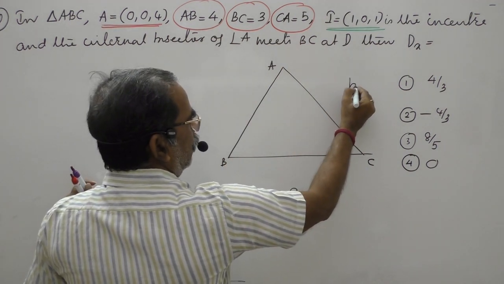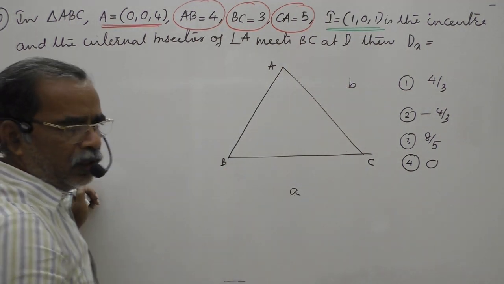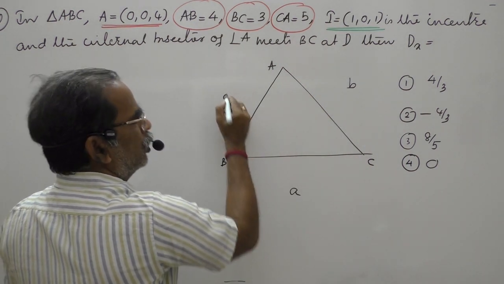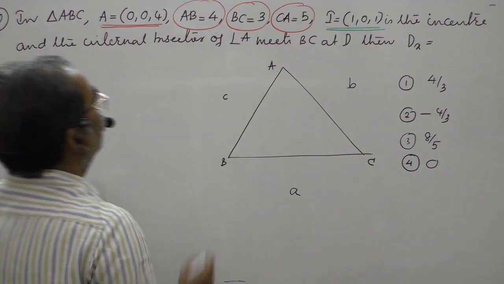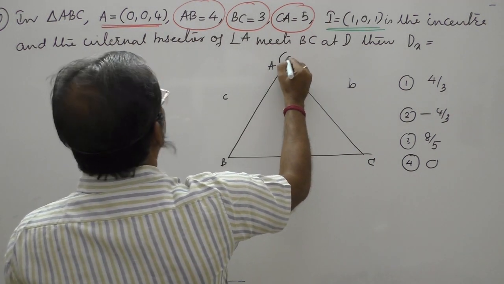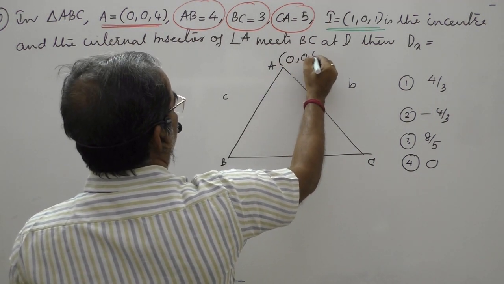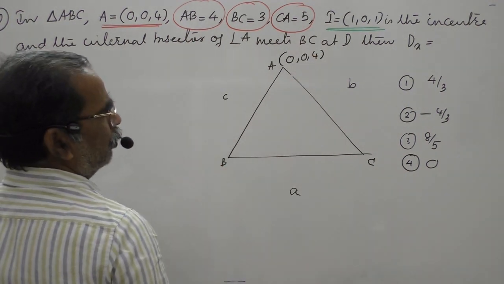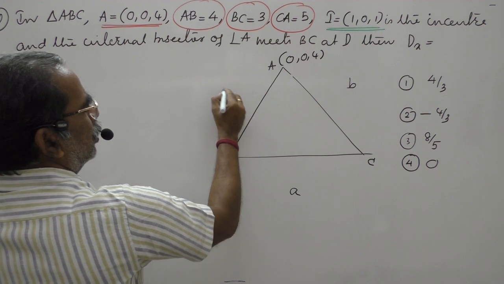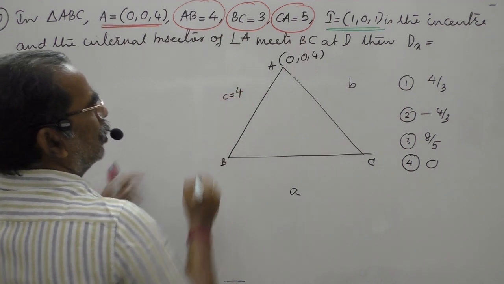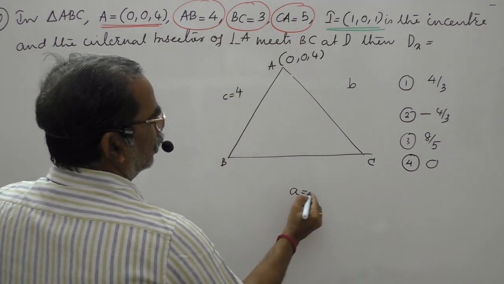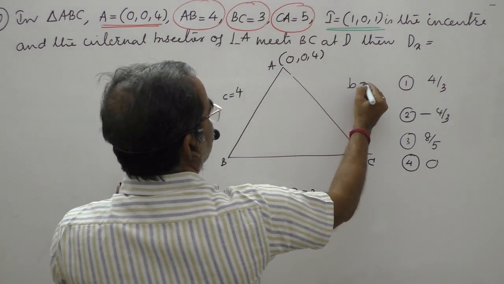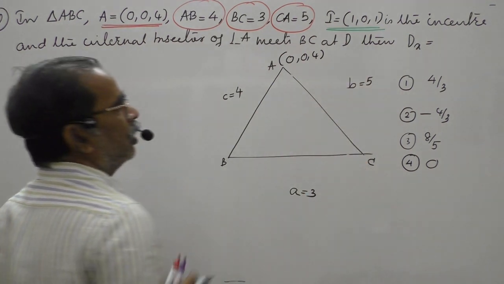In properties of triangles also we use these notations: length of the side opposite to B and opposite to capital C. So here this point is given as 0, 0, 4. AB length is given, 4. BC length is given, 3. And CA length is given, 5. These are the 3 lengths.